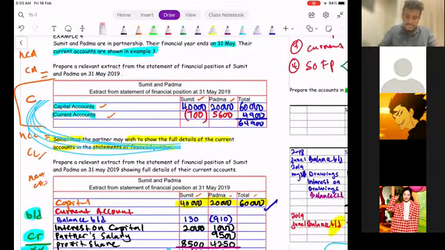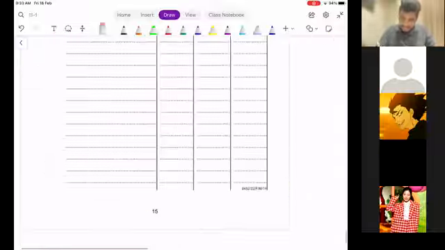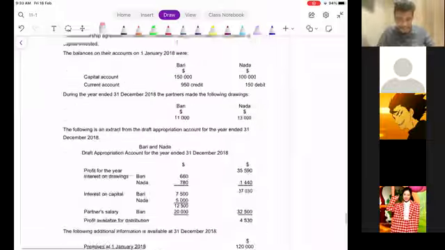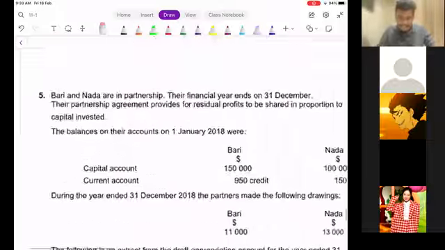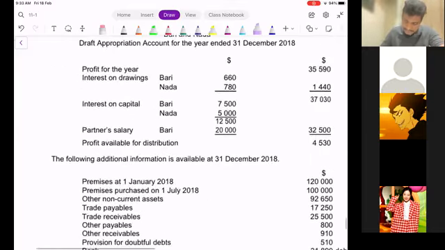But on the year 2018 or 2019, wait, let me check the past year paper. Yeah, 2019 February March paper, they asked me to do this. They asked us to do this. See, Bari and Nada in a partnership, their financial year ends on 31st December. Their partnership agreement provide the residual profit share proportion in the capital invested. They gave me all this.